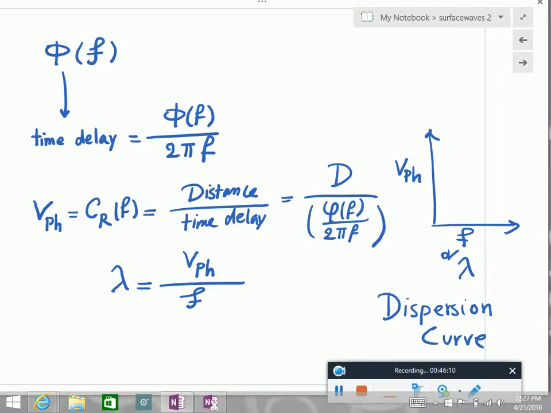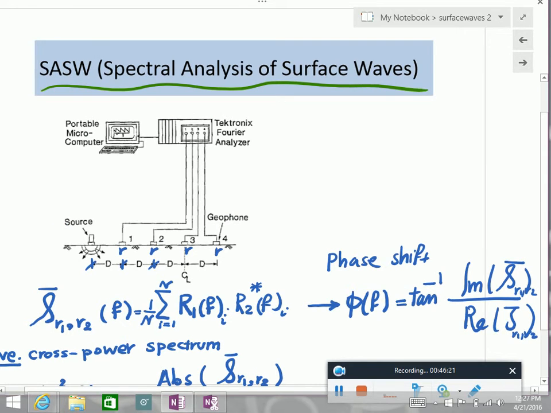Any questions? So you see the concept is actually very simple. It's the distance between two transducers. Remember, you have two transducers, and the wave is coming from the source, passing one, going to the other. So what you are doing, in the frequency domain, is cross-correlating these two, but for every frequency component.